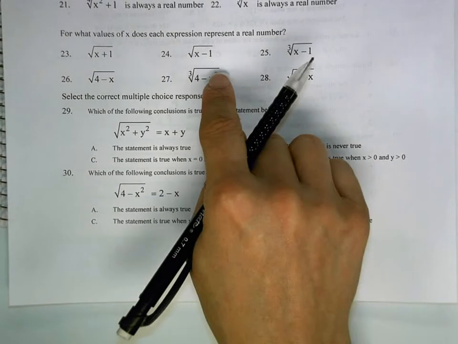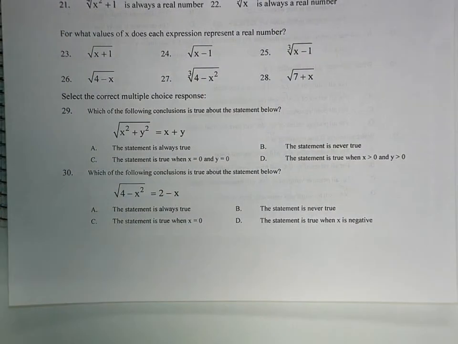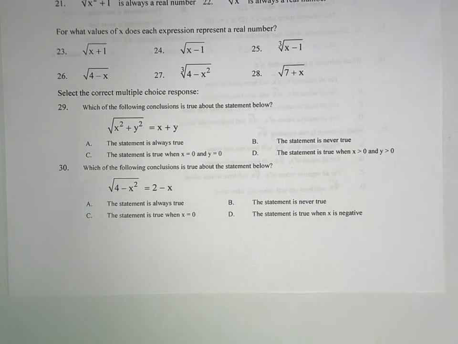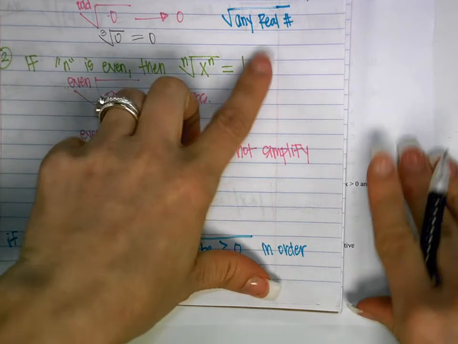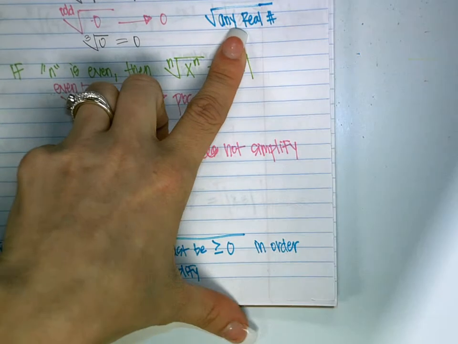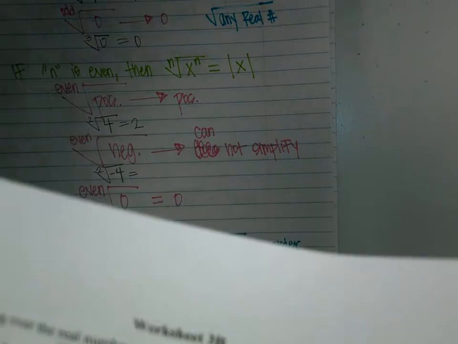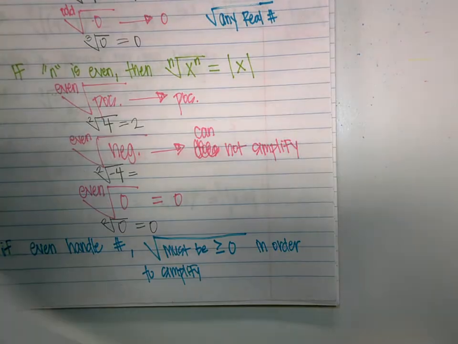This is talking about when I gave you those rules in blue. I gave you some rules in blue intentionally, and I told you that if you have any odd handle number, then any number could be put underneath this radical.